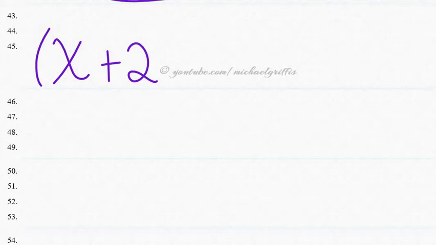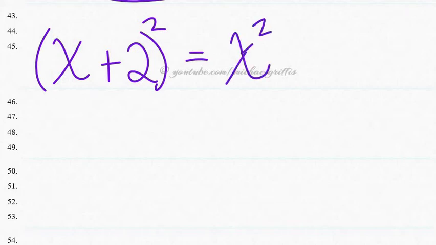We can look at another one. Say, for example, we have the quantity x plus 2 squared. That will be equal to, let's say, x squared plus 2x plus 1.